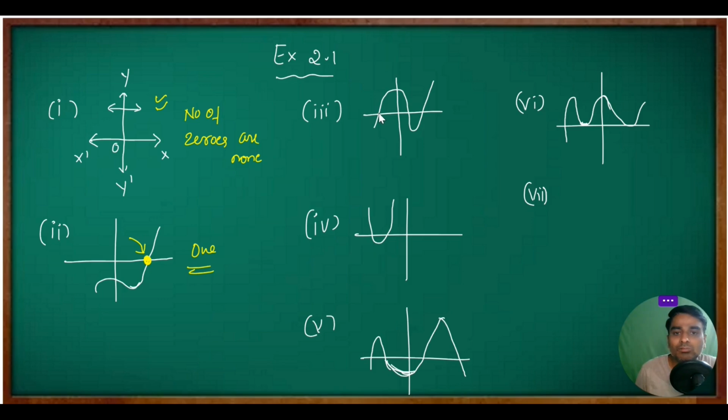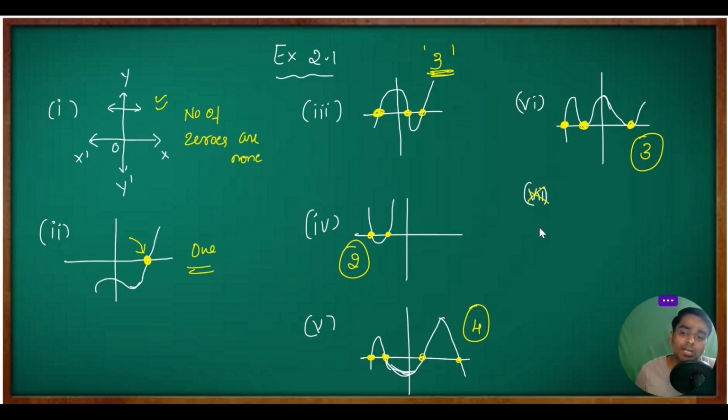In the third one, if you see, the number of zeros are 1, 2 and 3. Here in three different places this graph is intersecting the x-axis, therefore the number of zeros is 3. Here if you see 2 points, therefore the number of zeros is 2. Here the graph is intersecting at 1, 2, 3, 4, therefore the number of zeros is 4. And in the last one, the number of zeros is 3.